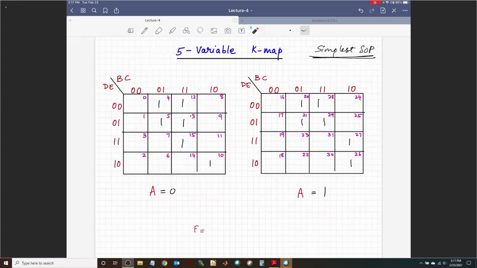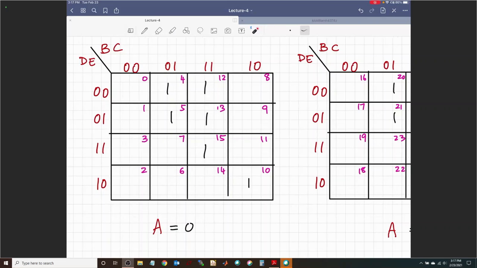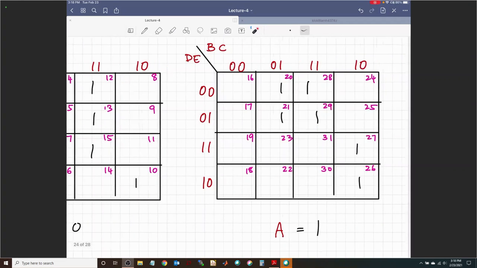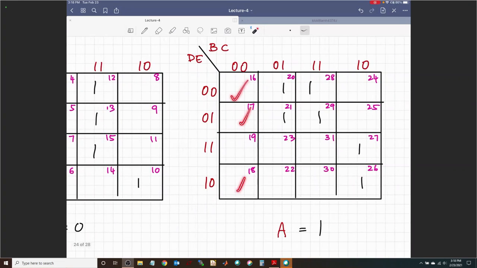So how does the numbering scheme work? Well, it's going to be exactly the same, in fact, for the left k-map, right? 0, 1, 2, 3, 4, 5, 6, 7, 8, 9, 10, 11, 12, 13, 14, 15. Exactly the same as before. And now we are simply going to add 16 to that number and get over here. 16, 17, 18, 19, 20, 21, 22, 23, and so on, all the way up to 31.